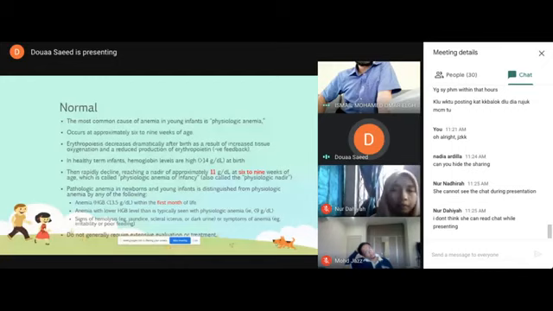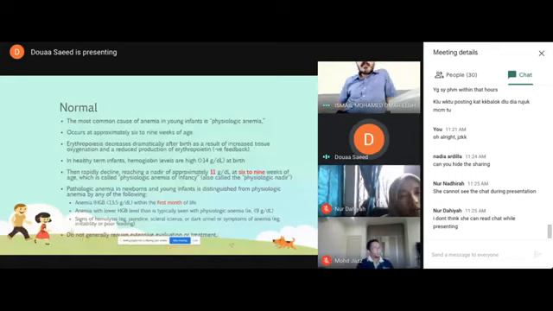How to differentiate physiological from pathological anemia: in pathological anemia, the hemoglobin will be less than 13.5 within a month of life, which basically means that before the nadir point there will be a reduction below that reading.